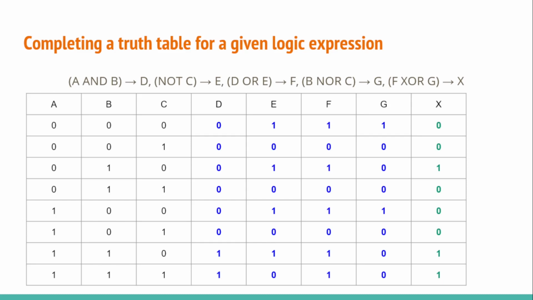G is B NOR C. The NOR gate is simply a reverse of the OR gate. In that case, the output becomes 1 only when both inputs are 0. The inputs we are considering here are B and C. Let's take a look at where we have B and C. In the first row, both are zeros, hence we have 1.